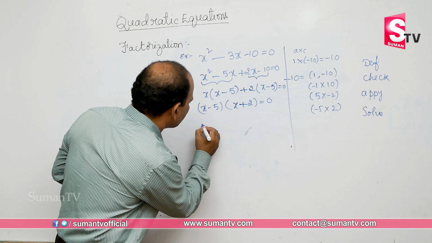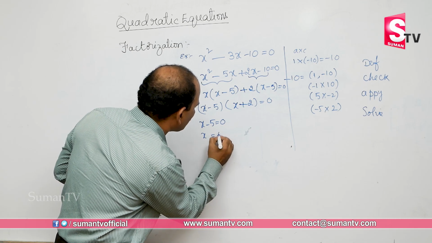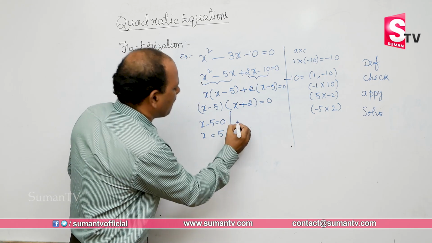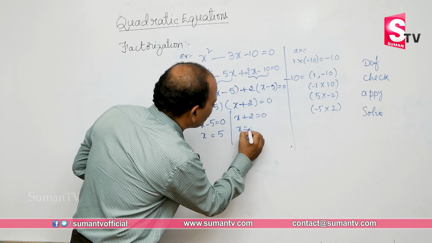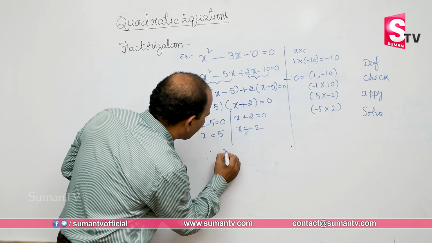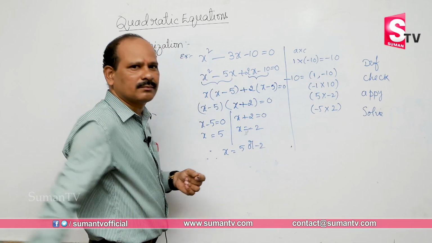Now take the first part, x minus 5 is equal to 0, then x is equal to 5, or x plus 2 is equal to 0, then x is equal to minus 2. Therefore, x is equal to 5 or minus 2.